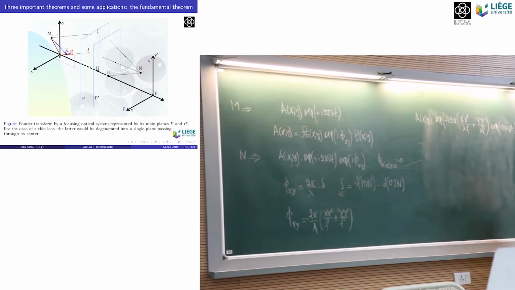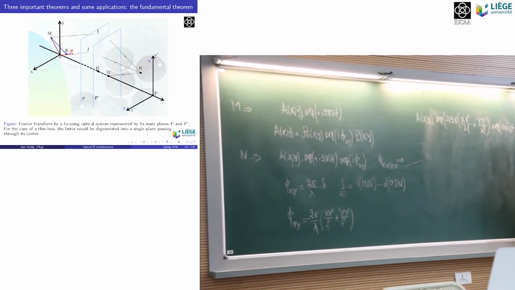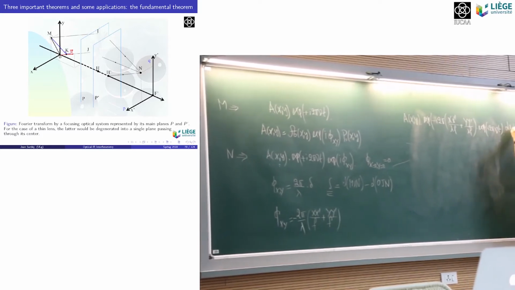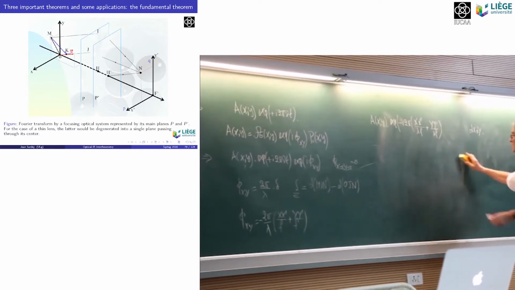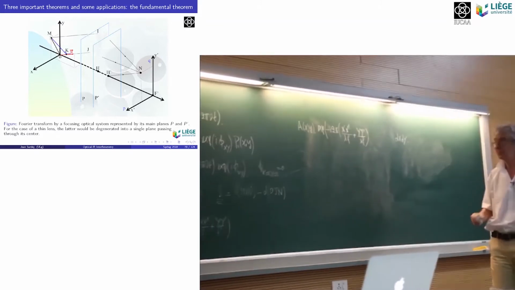If it's due to a small surface element dx dy, I still have to multiply it by dx dy. Now, this I can take away and say, this is the contribution to the amplitude at the point N.